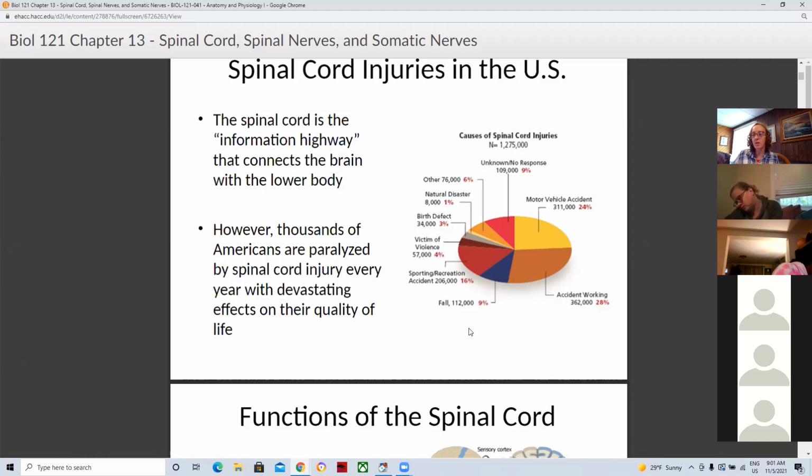If you remember, we talked about regeneration, and the one thing that's missing in the central nervous system is they don't have Schwann cells and they don't have endoneurium. And therefore they don't regenerate. They don't divide and they don't regenerate.